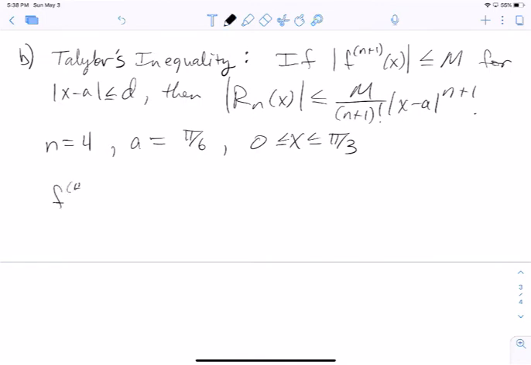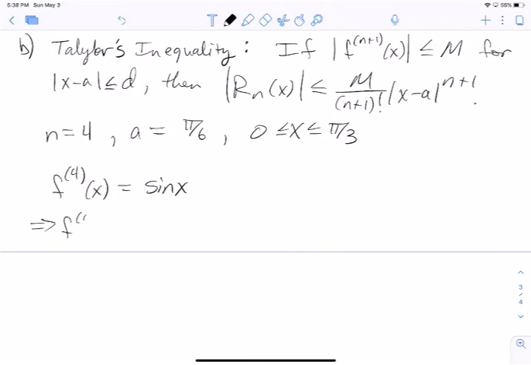As we saw a moment ago, the fourth derivative of f is equal to the sine of x. Therefore, the fifth derivative, the n plus first derivative, is equal to the cosine of x. Since we know the fifth derivative and the interval, which is from 0 to pi over 3, we can determine m.